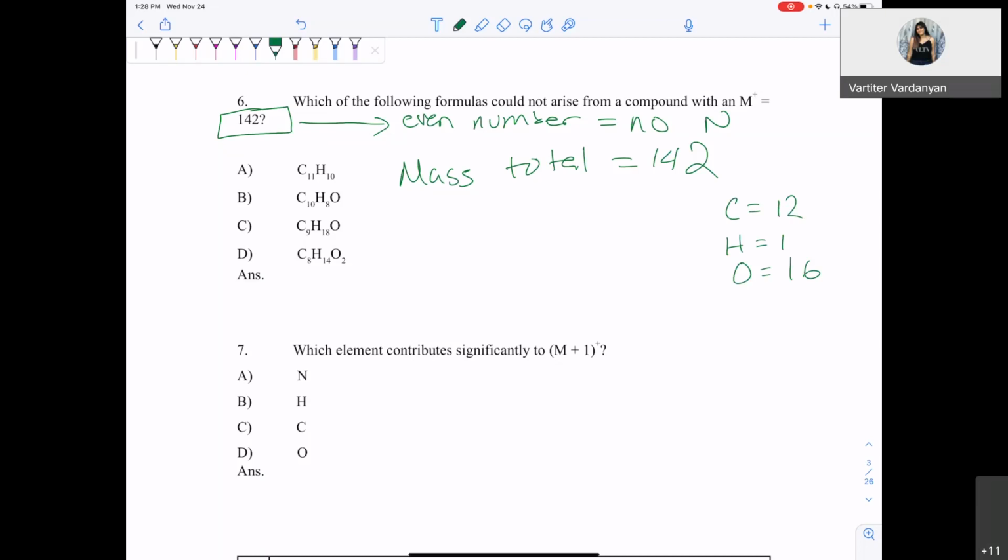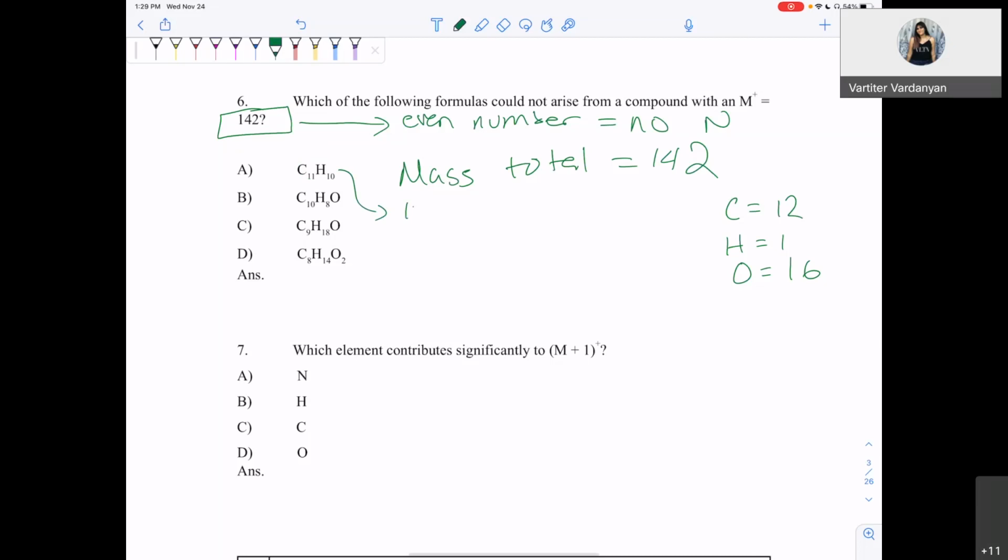So for this one, I look at it and I'm like, okay, 11 carbons times 12, that's going to be around 130. And then for this one, I can kind of guesstimate in my head and be like, oh, that's kind of unreasonable. But I want you guys to do it on the calculator because usually you're going to get down to 50-50 and they're going to be pretty close to one another.